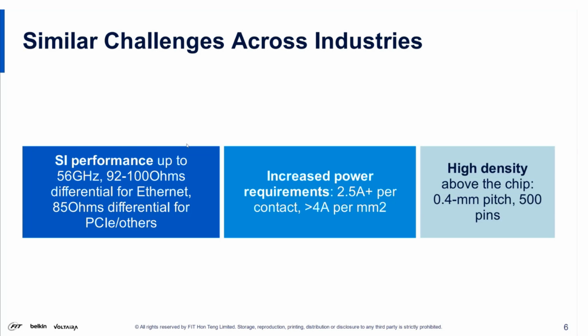And the last item here is high density. Everybody wants more pins and a smaller footprint. Again, we have the capability of doing a 0.4 millimeter pitch in about the 500 pin range, but there again become limitations in the system stack itself when it comes to smaller pitches.